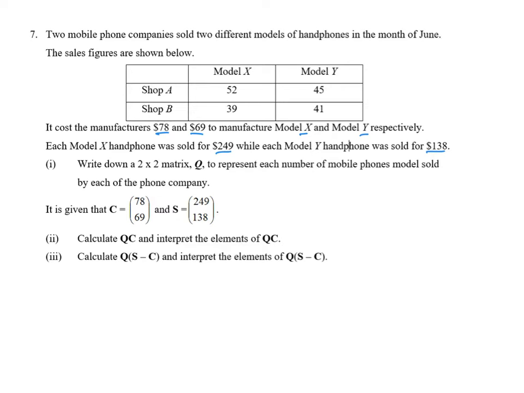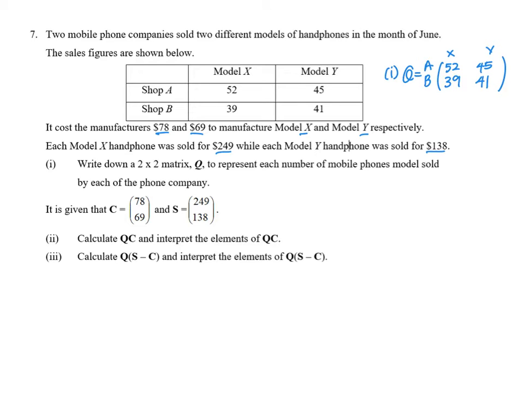Write down a 2 by 2 matrix Q to represent the number of mobile phones sold. So the quantity in this case, part 1, will be simple. 2 by 2 meaning Shop A, Shop B, Model X and Model Y. So we will get our answer over here.